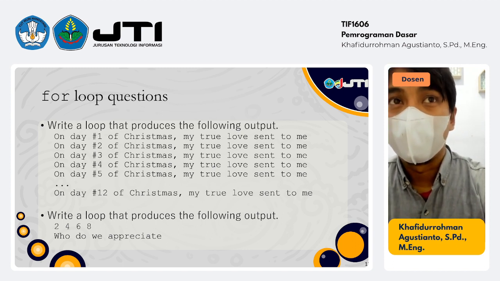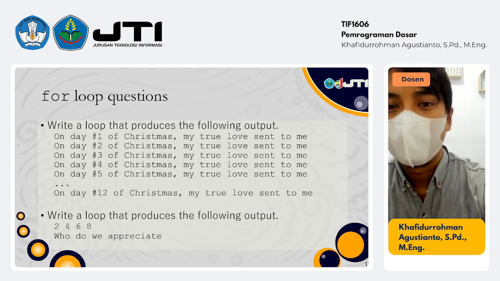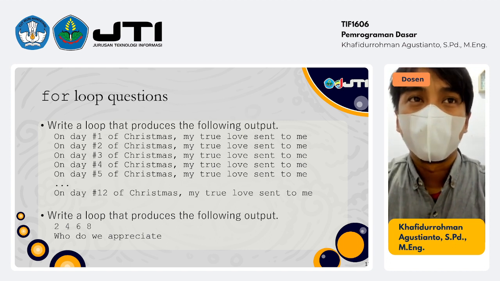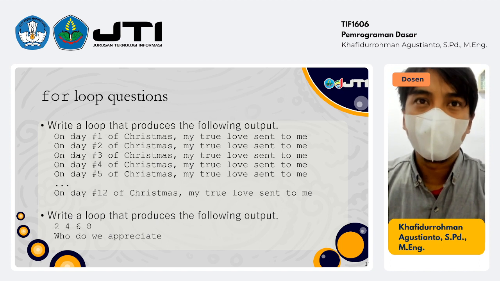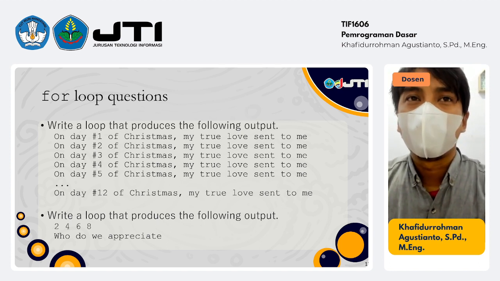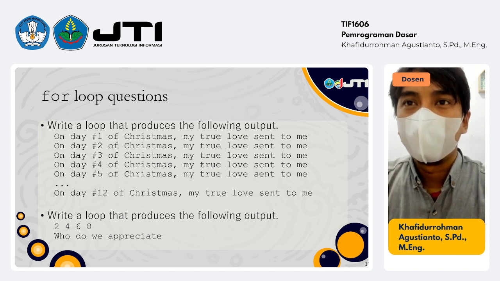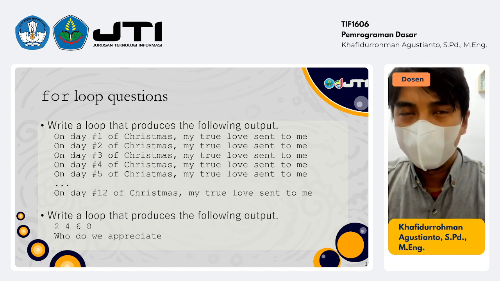I repeat, your task is to create a loop using for that outputs combinations of text and numbers, and you should add at least one output that is very unique.